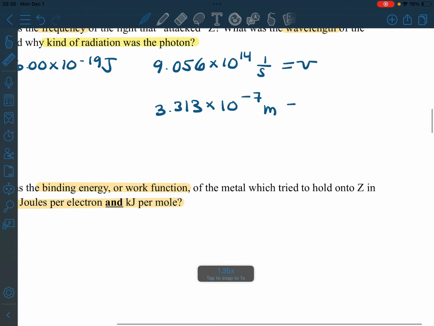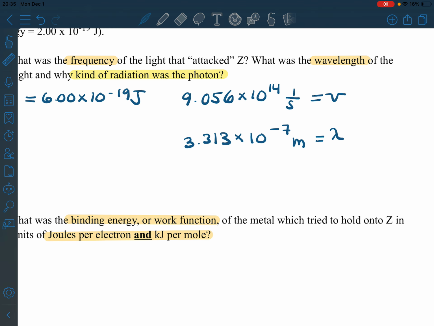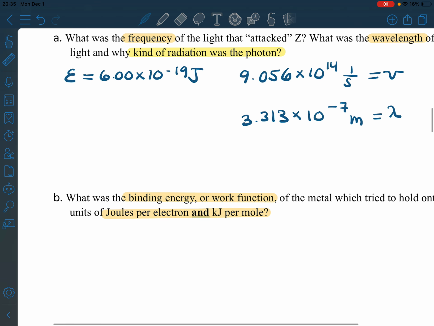So this equals wavelength. Now I want to understand what kind of radiation the photon was. So I'm going to put it into nanometers, because that's usually what the UV radiation spectrum is going to be in.